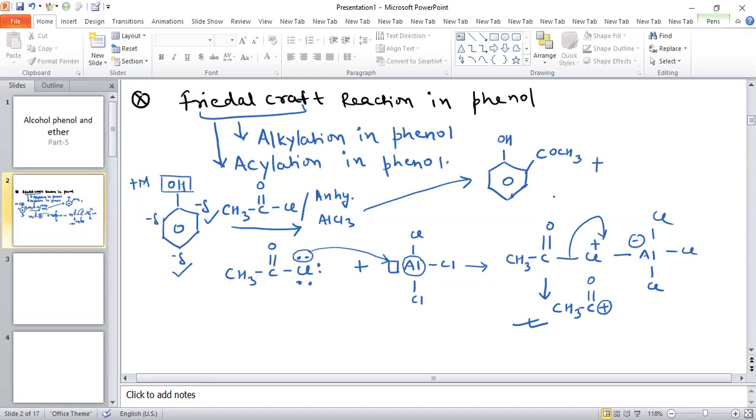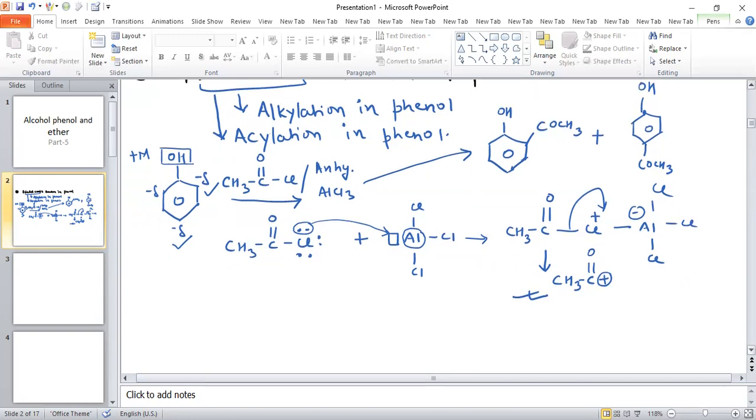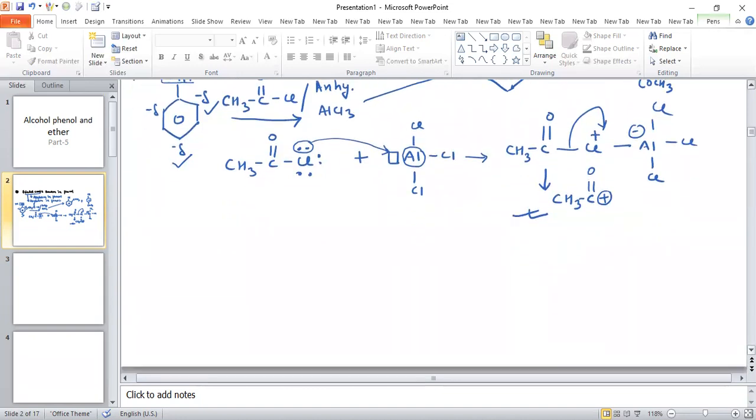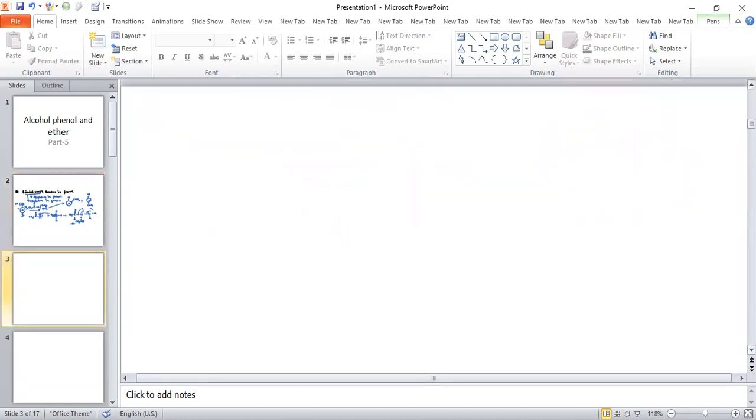This is the ortho product. The para product will be phenol with a COCH3 group at the para position. So one is the ortho product and one is the para product. This is the way in which the reaction takes place.